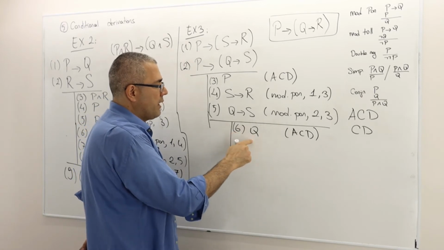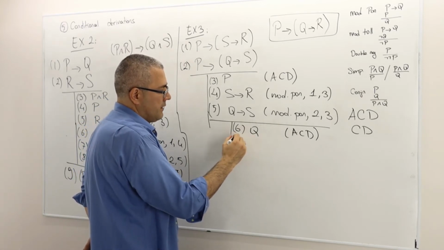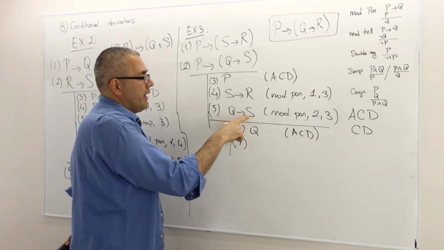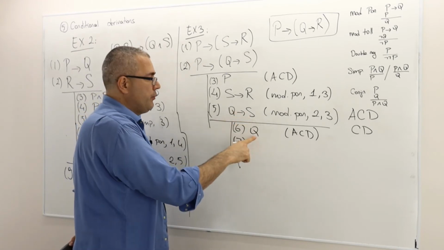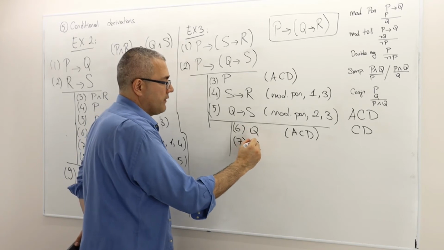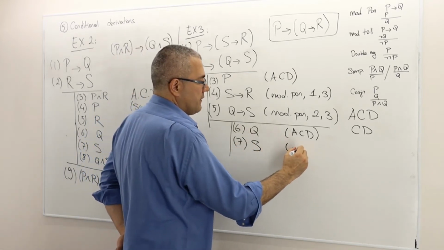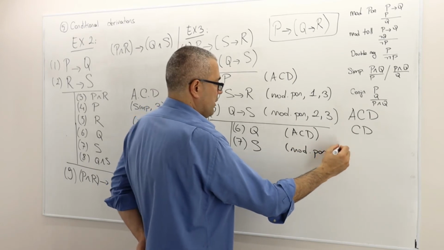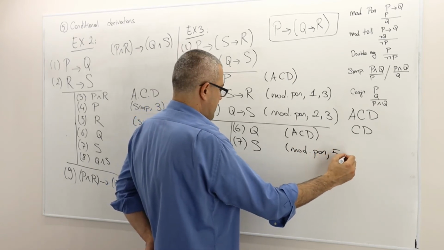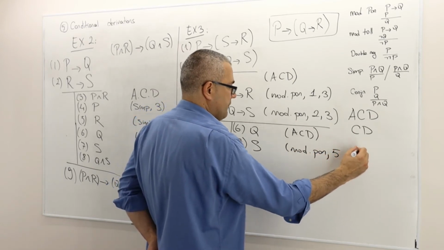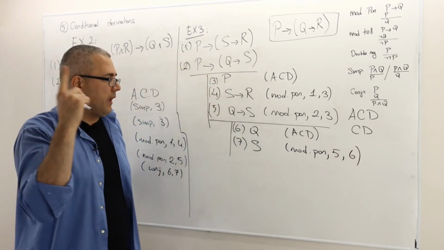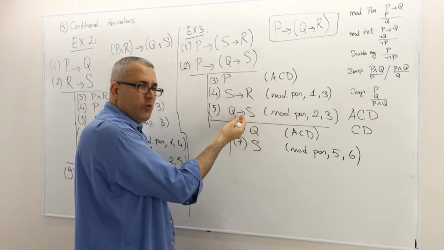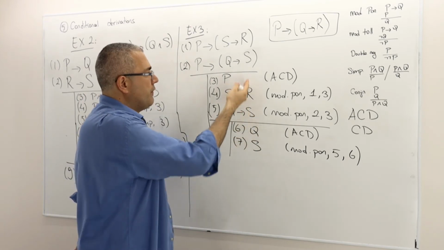Okay, what do I learn from this? Line 7. Q implies S is true. Q is true, therefore S must be true. This is modus ponens of lines 5 and 6. All right, one thing you may say, well, in this box, can I use the previous arguments?